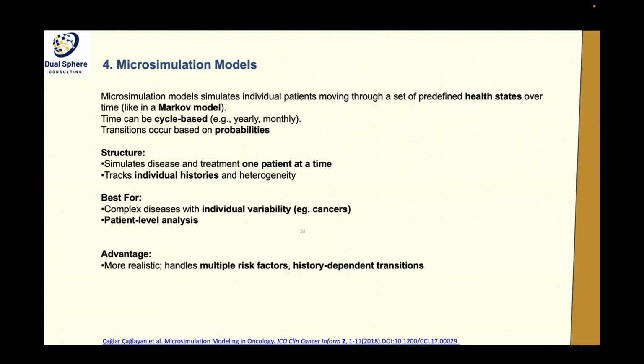But in the microsimulation model, it is individuals who are being simulated. It is not a group of people or a number of patients. It's one patient who is simulated, with the disease and treatment simulated one patient at a time, not many patients like in Markov.